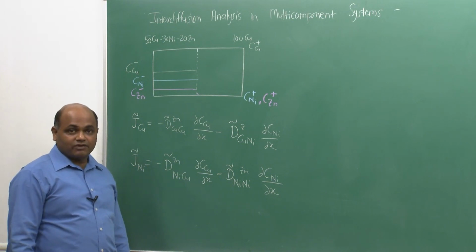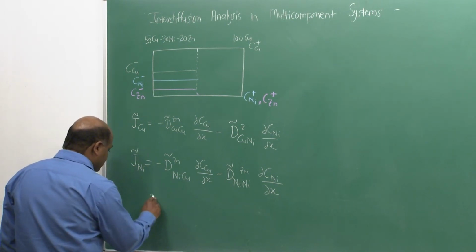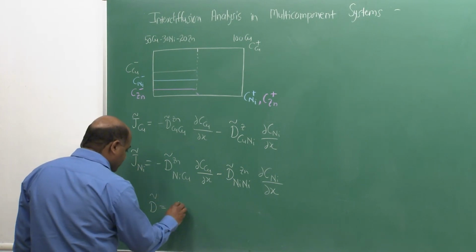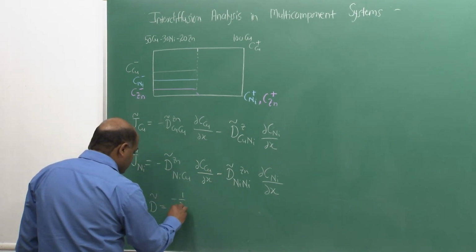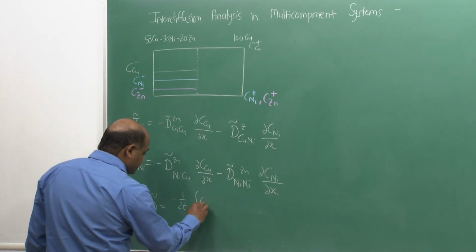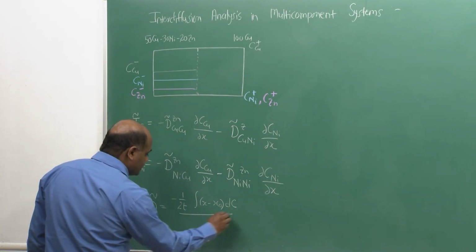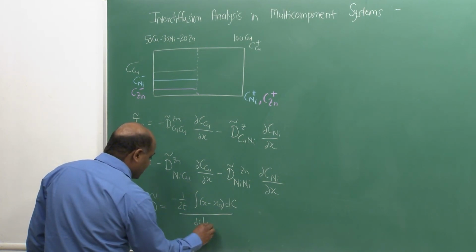How do we find this? For binary, we use the formula D tilde equal to minus 1 by 2 t integral x minus x naught dc divided by dc by dx.